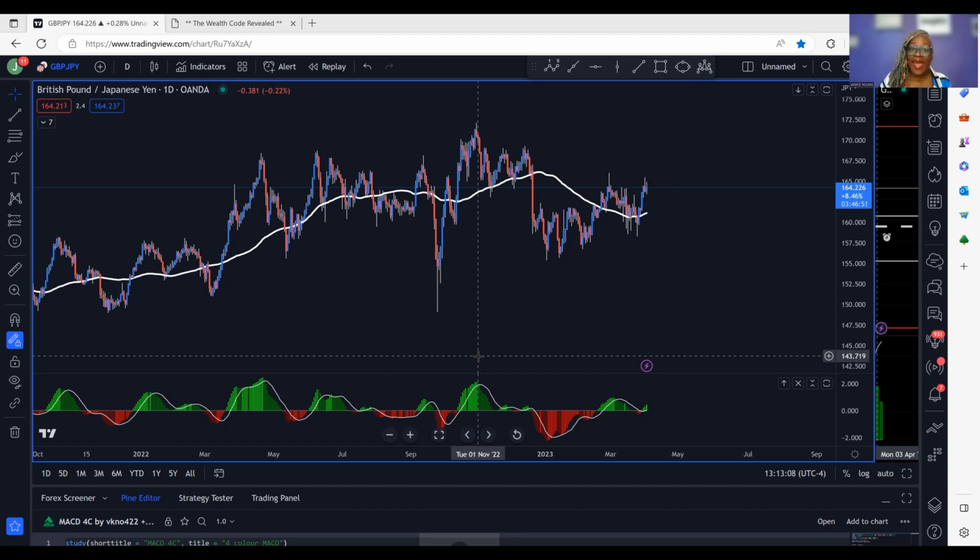So with that being said, you want to identify your trend on the higher time frame, right? You want to identify it on the higher time frame, because the higher that time frame, the stronger that trend is. And what it says is this is overall where I want to go.